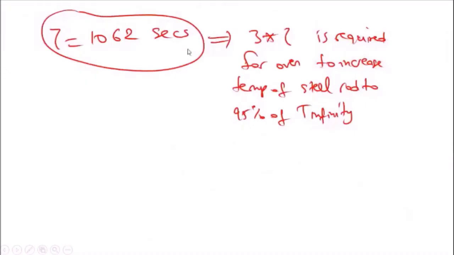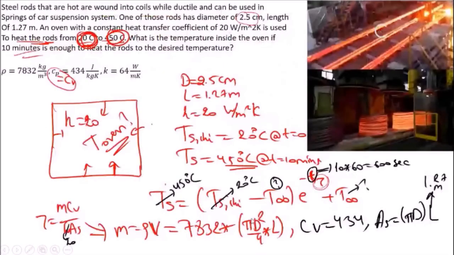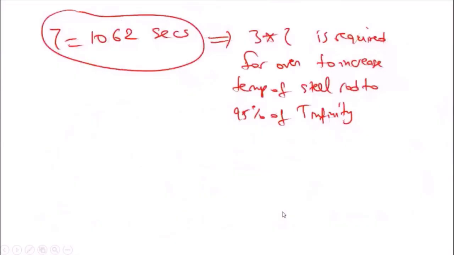Okay, then we know tau, and now it is time to calculate T infinity. How do you calculate it? I will write everything in a good form, so you will have Ts equal to Ts initial minus T infinity, exponential of negative t by tau, plus T infinity.